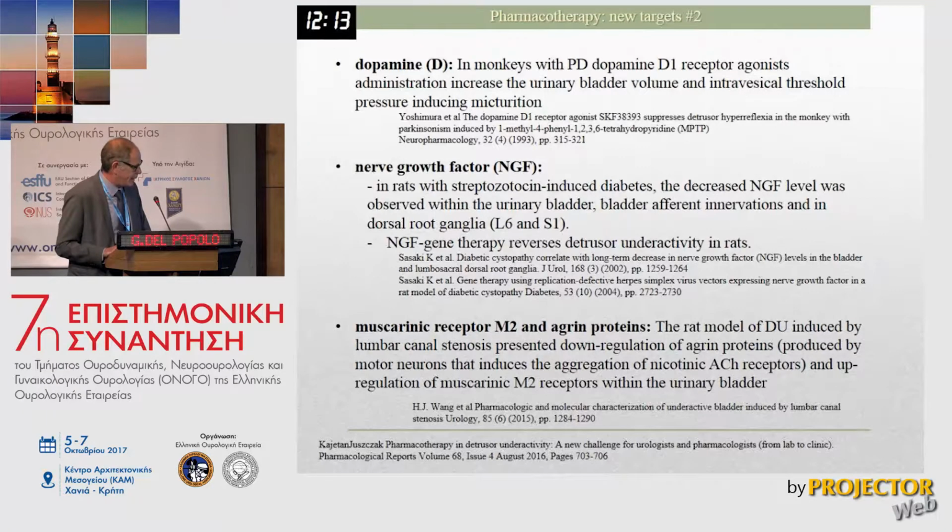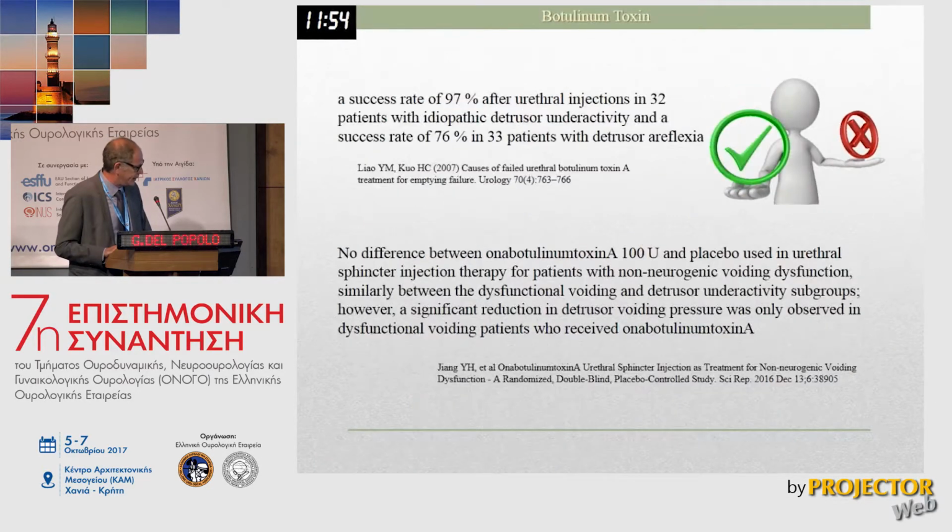Some other drugs that we tried to use in this kind of patient were dopamine, nerve growth factor, and also muscarinic receptor M2 and agrin proteins, but we have only some results in the acute phase and nothing else.